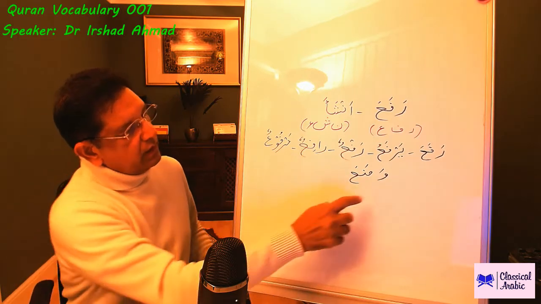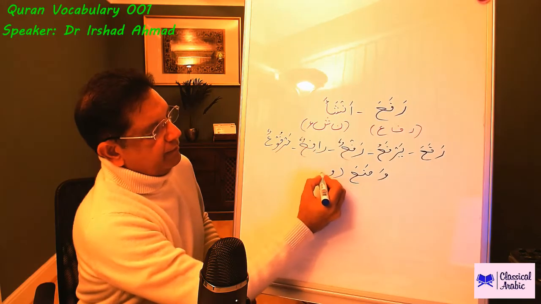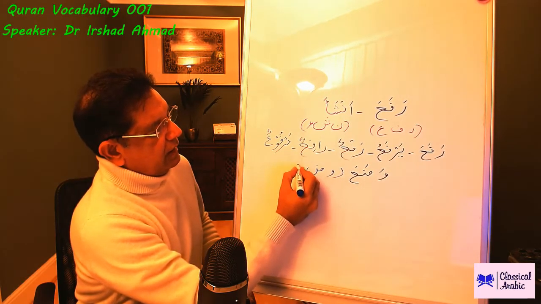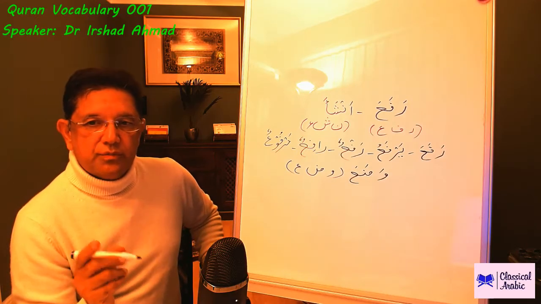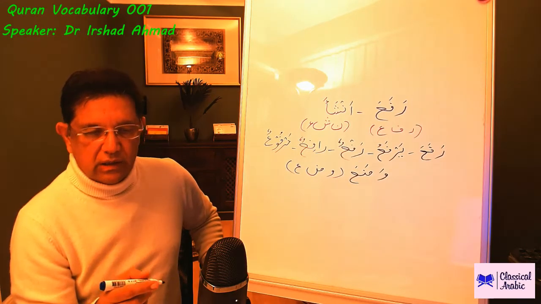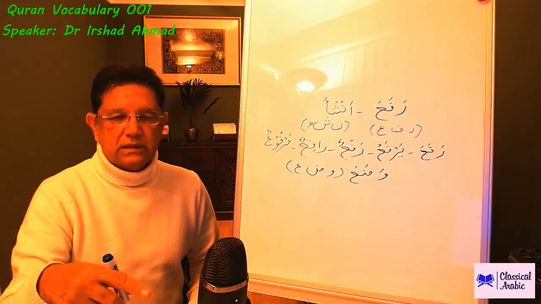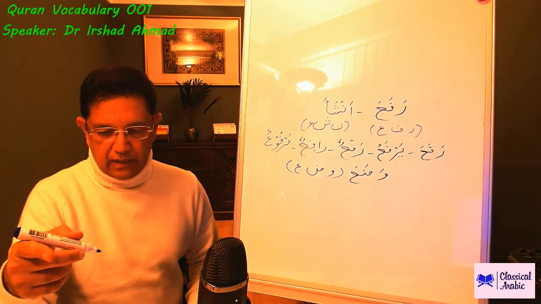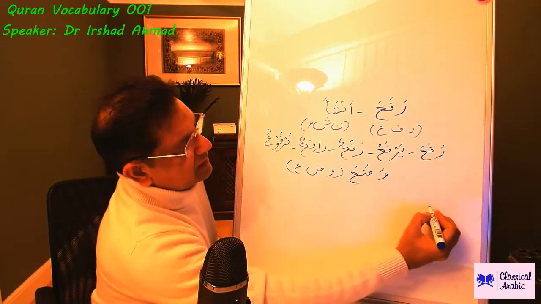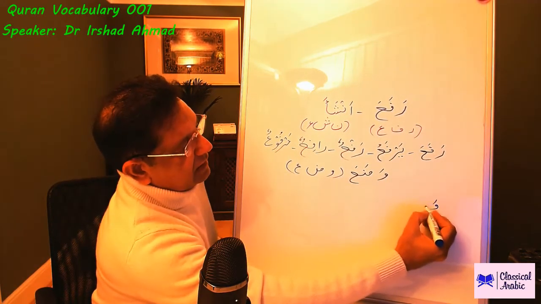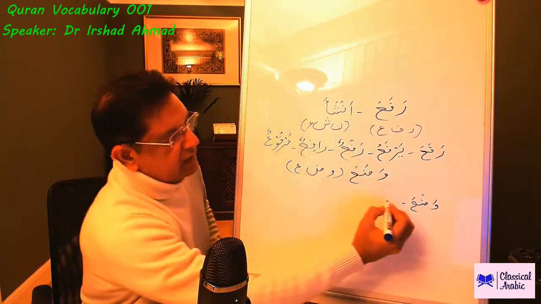So the root here is waw, dwad, and ain, wada'a, which basically means to put, to put down, to place, to set in place, the opposite of rafa'a. And the five parts will be wada'a and yada'u.